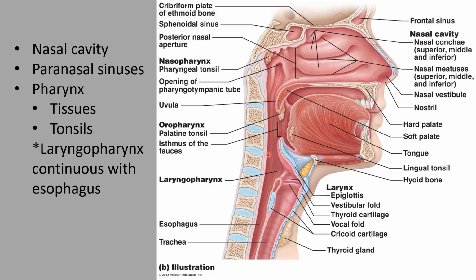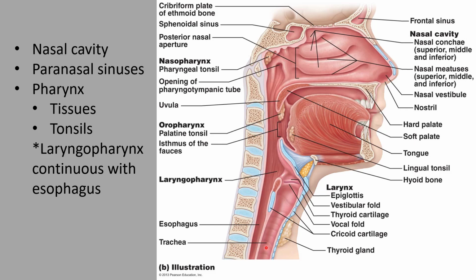The laryngopharynx is continuous with the esophagus. This is the tube that delivers food towards our stomach. And the front part, the anterior part, enters towards the larynx and eventually the trachea.